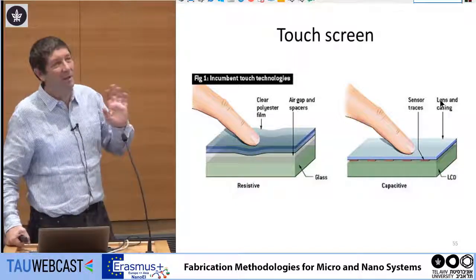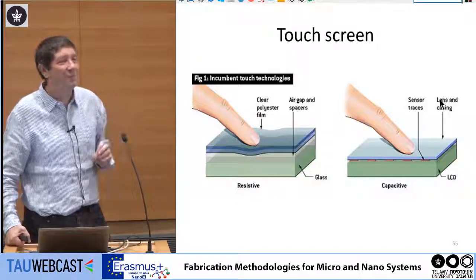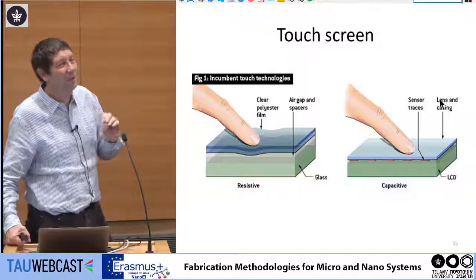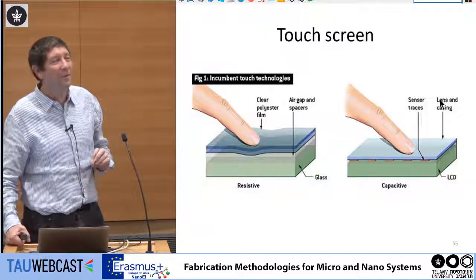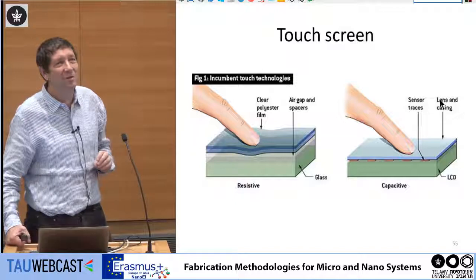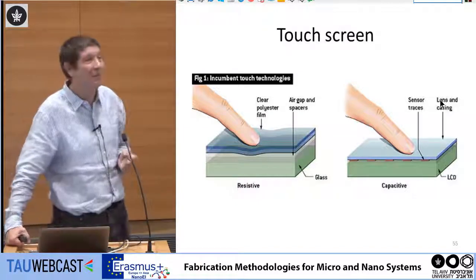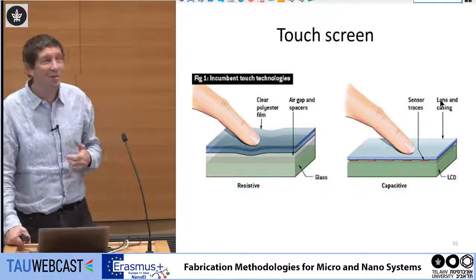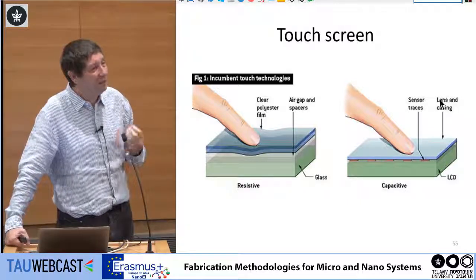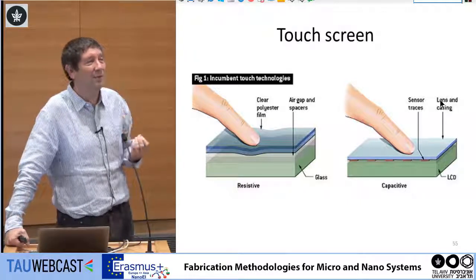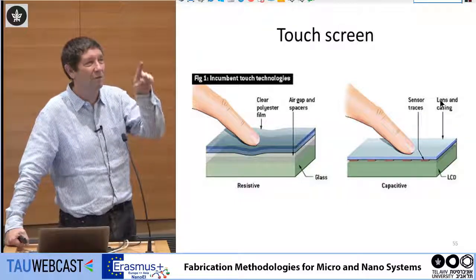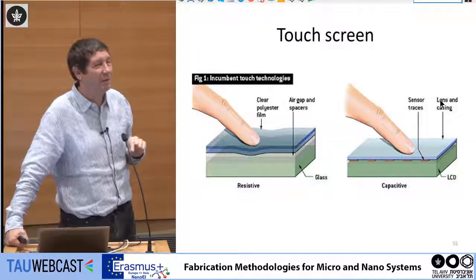Now, to make things more interesting and more fun, I chose something which I don't think you usually see in any class in this university, or in many universities. It's the touchscreen. And touchscreen actually is a very common device. It's a very interesting device because what you're sensing is the position of your hand on the screen.